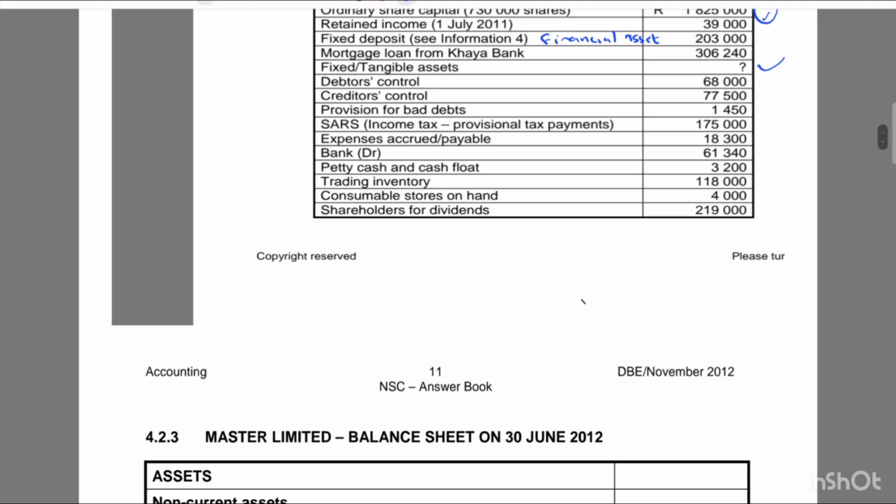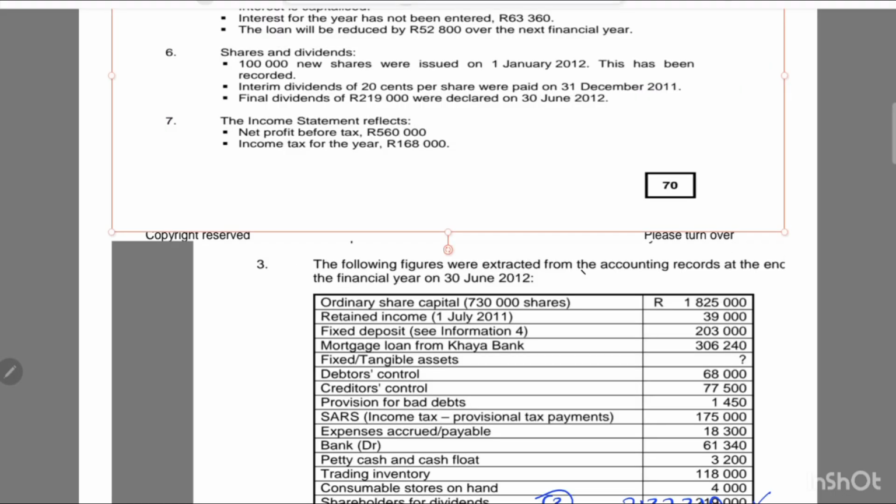And then we have SARS income tax now. Please listen to me very carefully on this one. The SARS income tax which we are given from our trial balance is 175,000. This amount is the amount that is paid already.